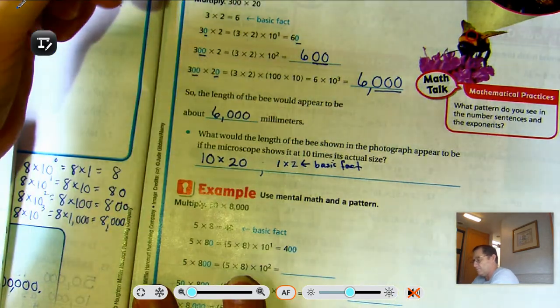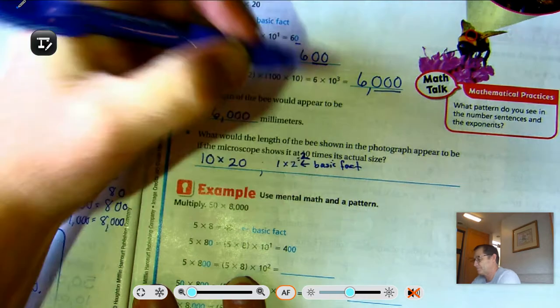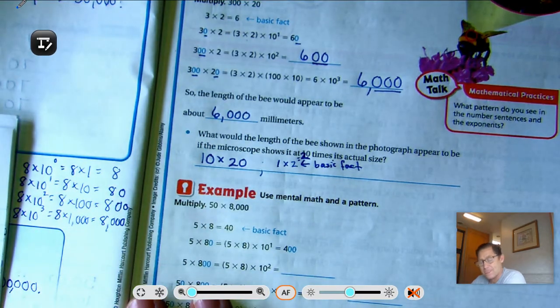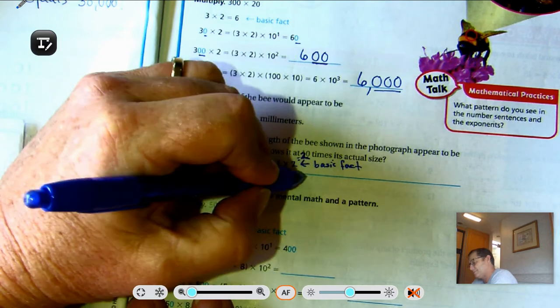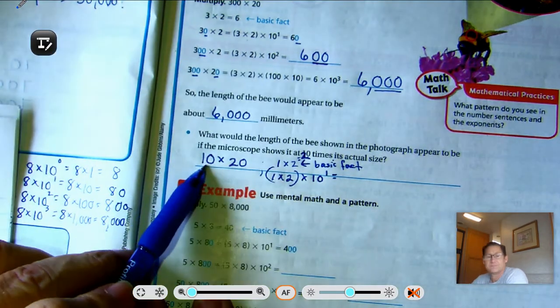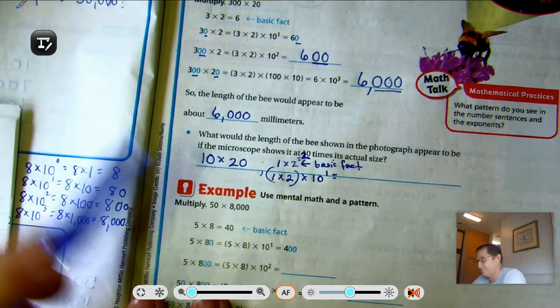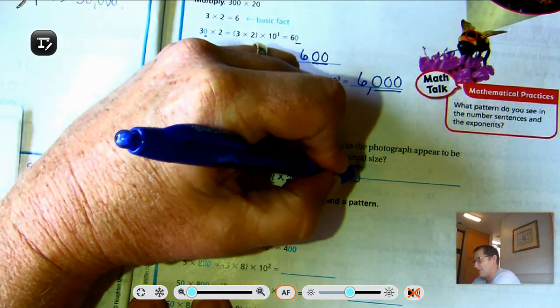And so we know that 1 times 2 is 2. And then 1 times 2 times 10 to the first. Okay, because we only have 10 here. That would be 2 times 10, which is 20.